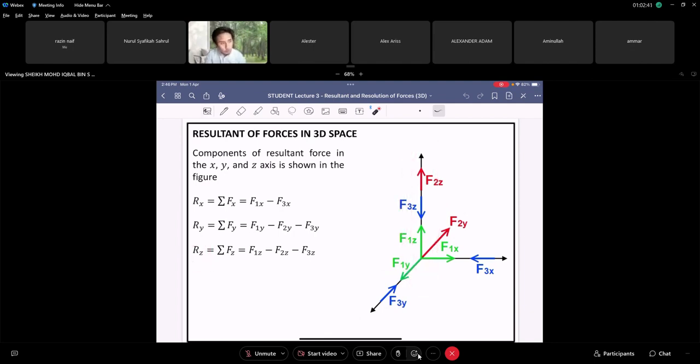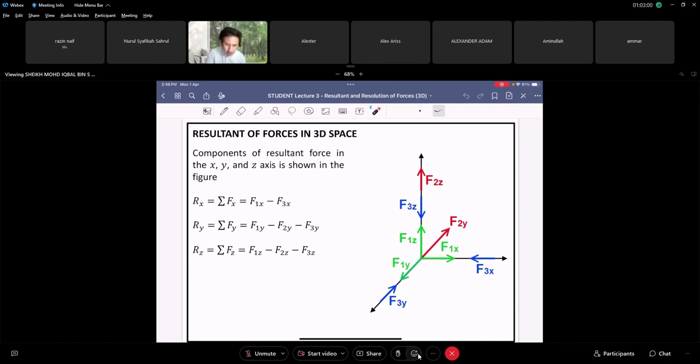All right. The only thing that is changing is the sign. If it's negative, it means that it is going in the negative direction. If it's positive like this one, it means that it is going in the positive direction.